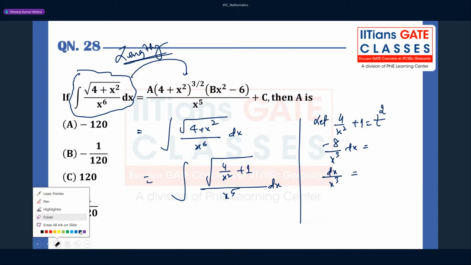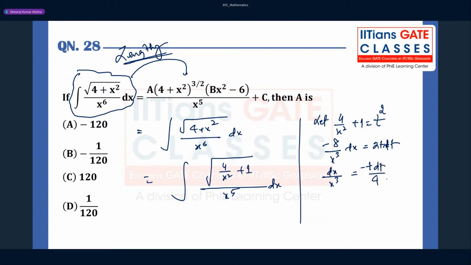I'm just telling you, you can do it after the session also. It will become 2t dt, right? Now this 2 will cancel with 8, so you can write this as minus t dt by 4, right? This is very important to realize.